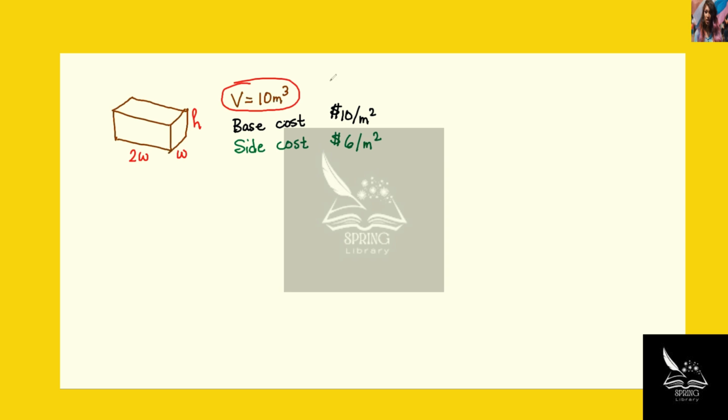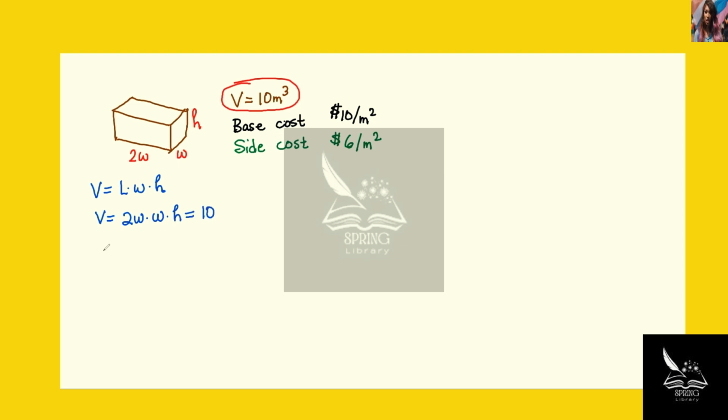So let's go ahead and work on the left here regarding the volume. We know the volume of a rectangular box is length times width times height. And we are told that the length is twice the width. We don't know the height, but we do know that the volume is 10 meters cubed.